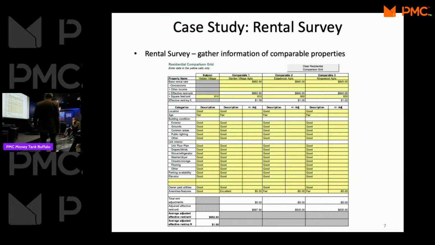But we would look at the condition, we'd look at the square footage, develop the cost per square foot, we kind of back into it, take a look at the conditions, and then we're able to determine where the rents can be versus where they're at, contract versus market.